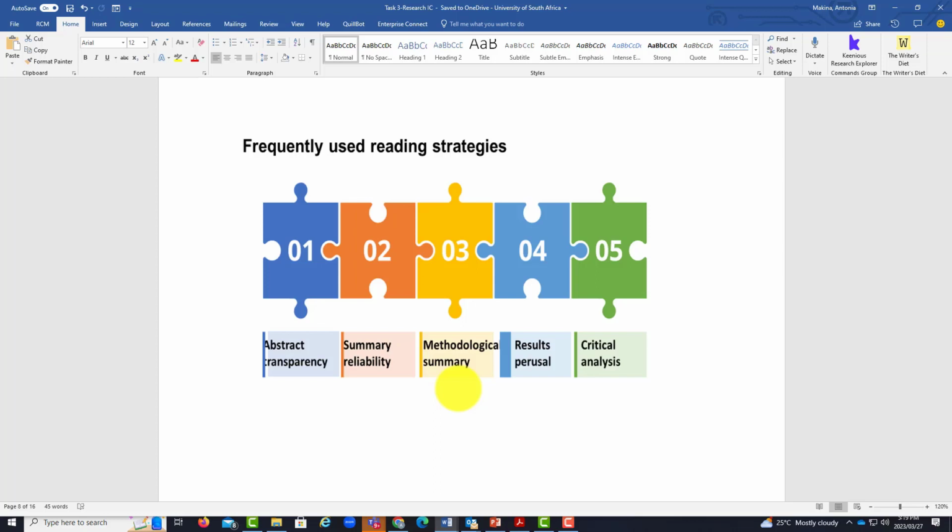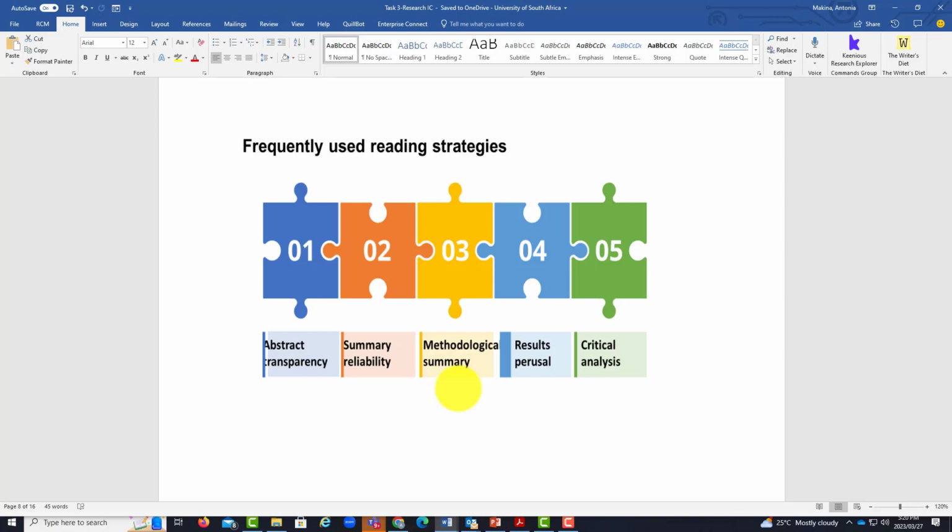So in your abstract or in your main document, you want to see through. If you check your abstract, you should be able to see it through. It should be clear. This is to make sure that you call out 3 main issues of the article: the initial purpose, methodology, and the results of the article.